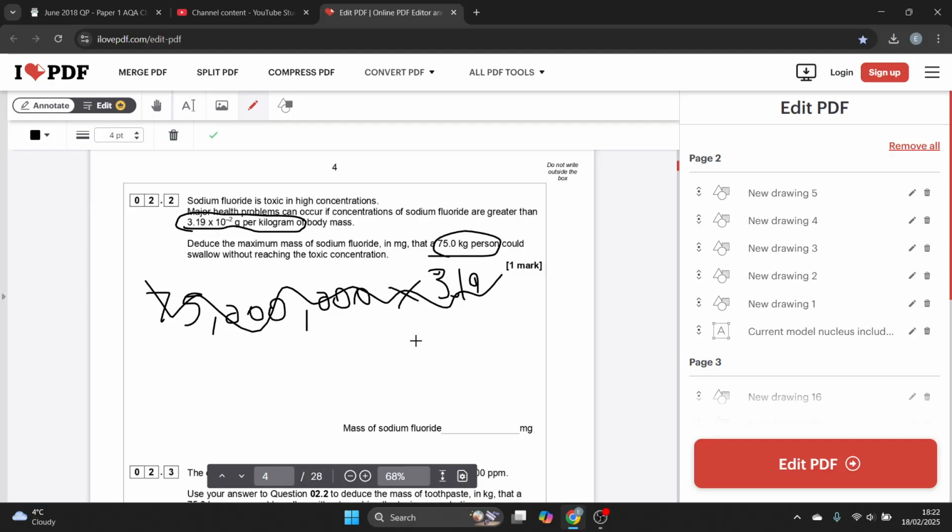So do that first. 3.19 times 10 to the power minus 2 times by 1000 times by 75. Then that would give my answer in milligrams. So 2393.